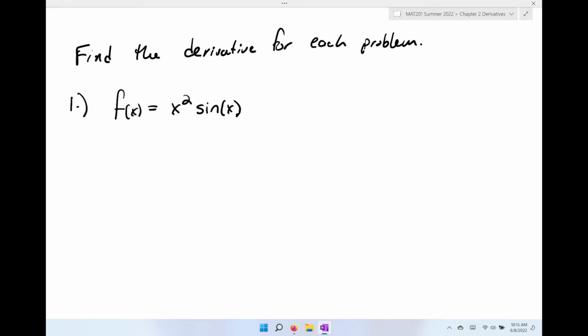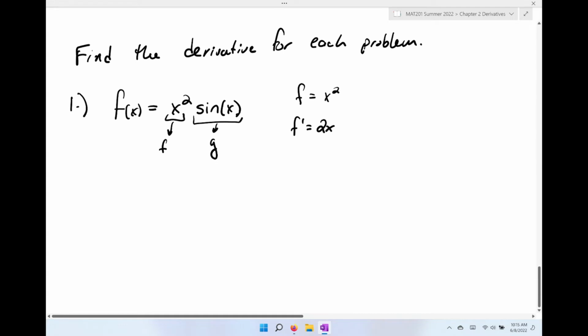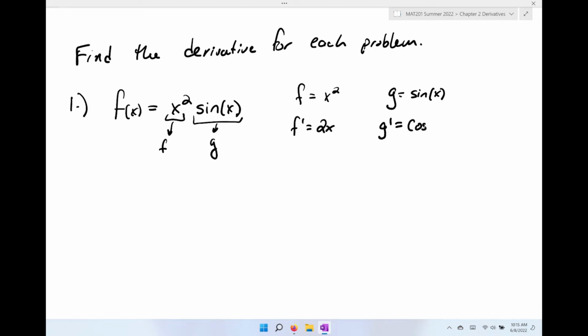F of x equals x squared sine x. This, we're going to have to use a product rule. So there's f, and there's g. So f is going to equal x squared. F prime is 2x. G equals sine of x. G prime equals cosine x.